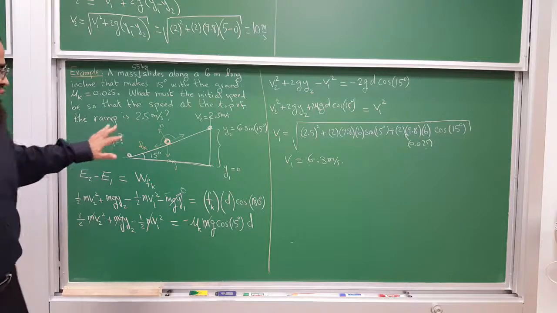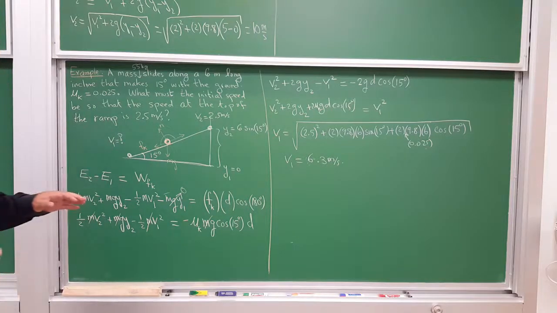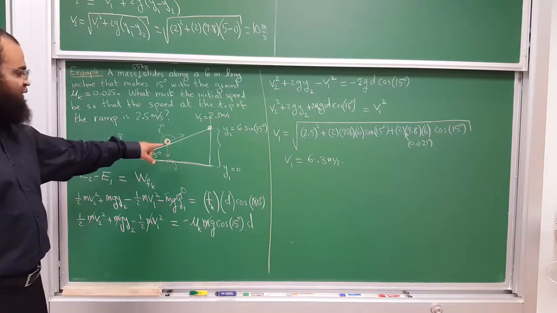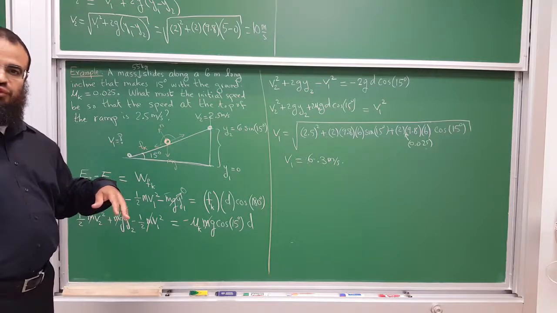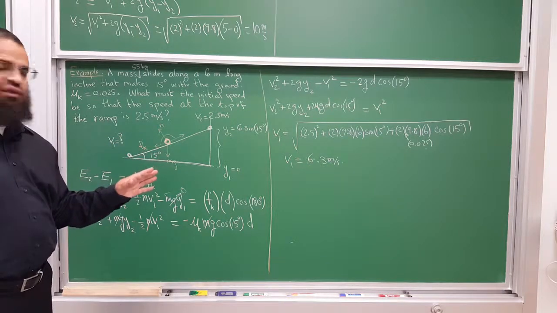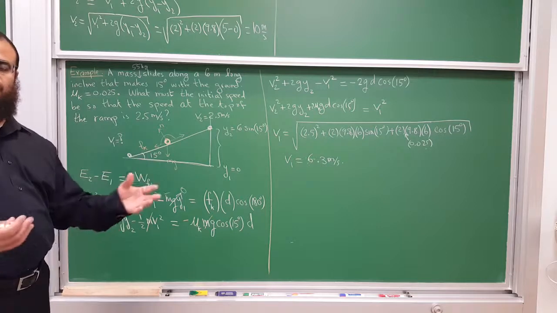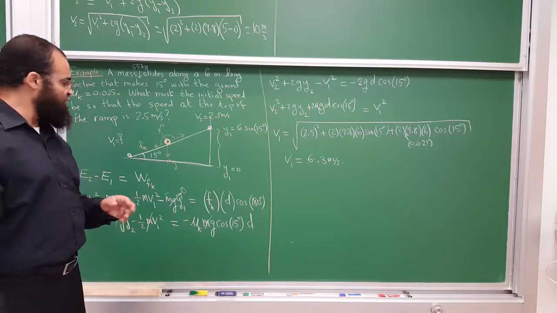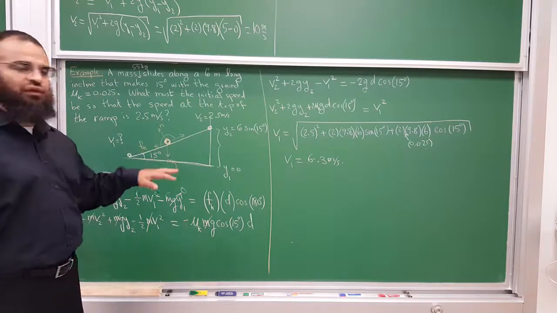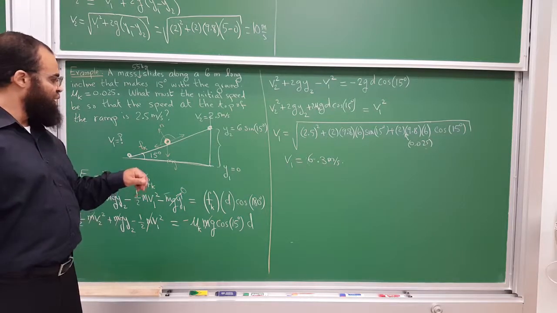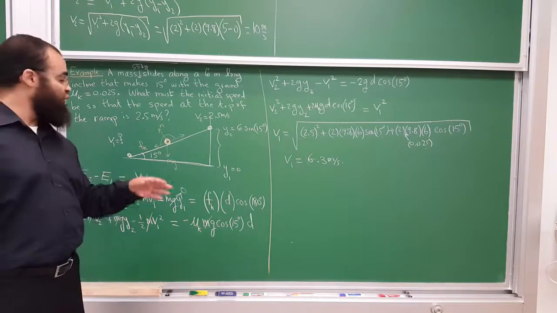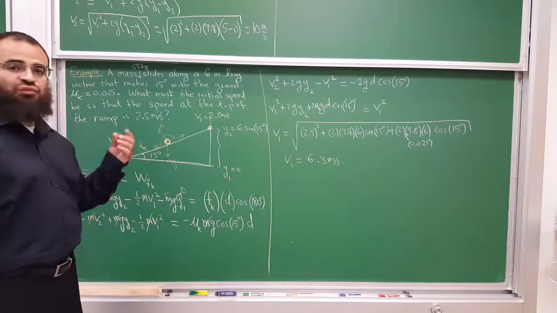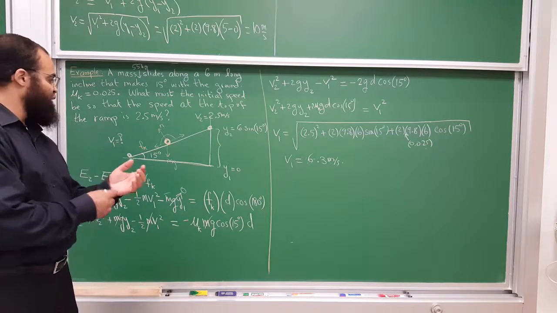So here's what we did. Our system was the mass plus Earth. So there is kinetic energy in the mass, and then the potential energy associated with the interaction of the mass and Earth. The external forces are the force of friction and the normal force. The normal force does not do any work because it's perpendicular to the motion of the object.